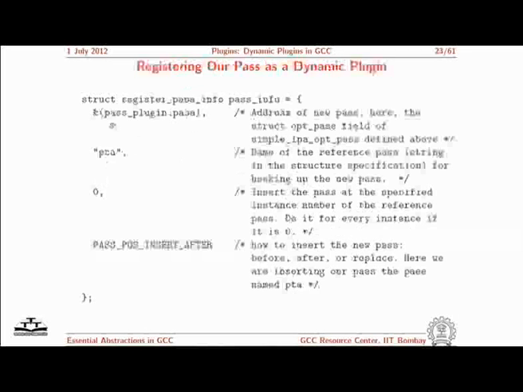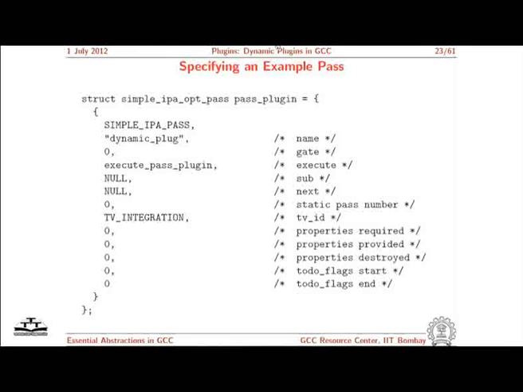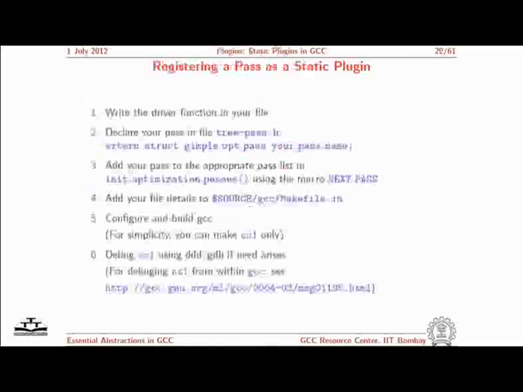Okay. Now I register this pass into pass info. So I say this is the address of the new pass. So why is this pass plugin dot pass? Observe that this simple IPA pass is a structure inside a structure. We had basically an opt pass which is couched inside a simple IPA pass. Recall this here, we just go back.